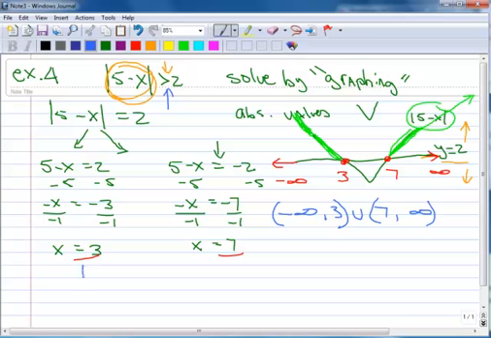One advantage of doing it this way is that I worked with my equal sign versus my inequality. I didn't have to worry about flipping that inequality back and forth, so students sometimes like this method. Then when I drew my little mini picture and did my shading, that allowed me to write my inequality. So that's another way to do absolute value inequalities.